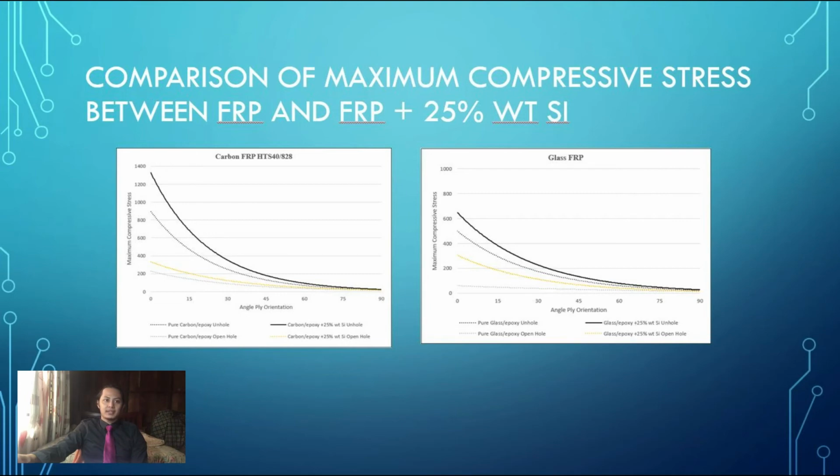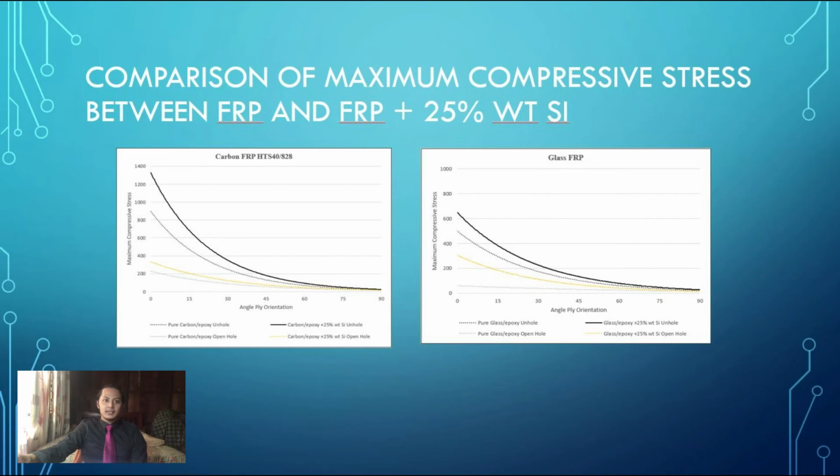As expected, the presence of a hole on the specimen reduced the compressive stress properties. Based on the result of compressive properties in the table, carbon epoxy specimen has higher damage tolerance compared to kenaf epoxy specimen, indicating that the carbon epoxy specimen can withstand higher loading compared to kenaf epoxy specimen.